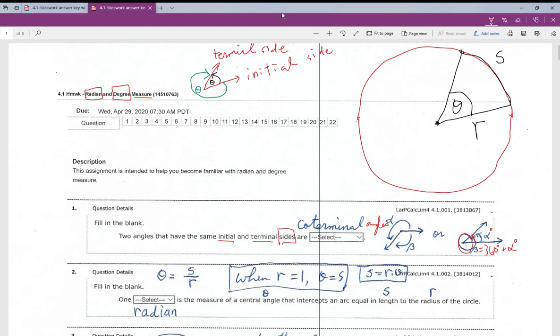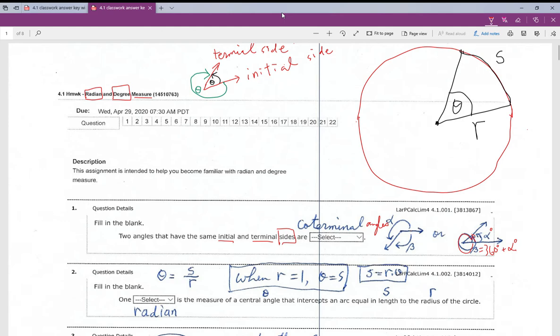Maybe you can go 2 more circles, 3 more circles. So all over trigonometry, we are going to deal with the whole circle, 2 circles, 3 circles. You wrap around the circle many times. So that's number 1.